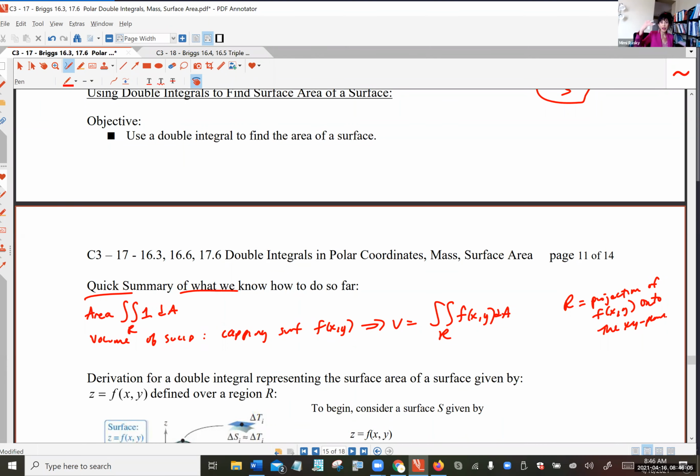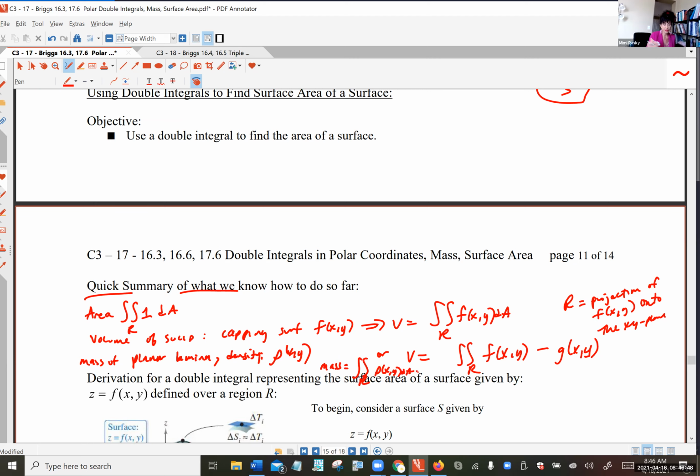And finally, the mass of a planar lamina, which we just did, where the density is given by some function rho of x, y. Your mass is the double integral over the region of rho of x, y. So these are the 3 things that you know a double integral can be used for.